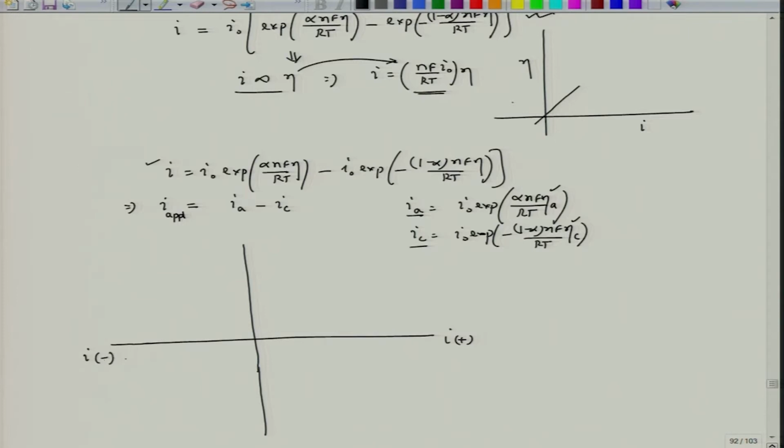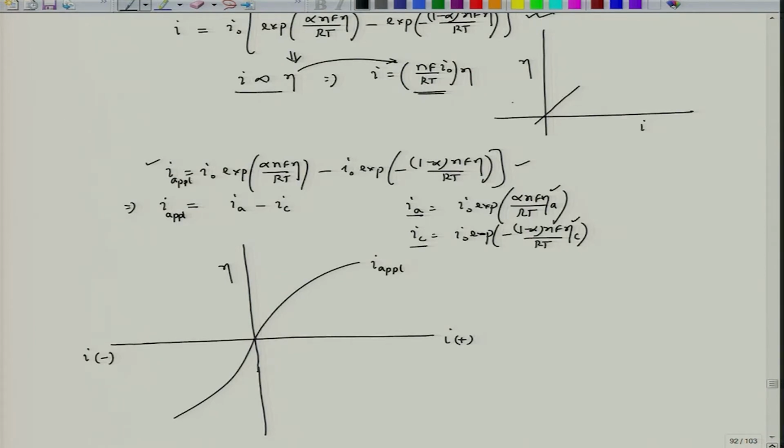Now, this positive negative does not mean that the values are positive and negative. This positive negative indicates the direction. So, now if I plot eta with reference to I, this equation gives me a plot like this. This is the plot of I applied.